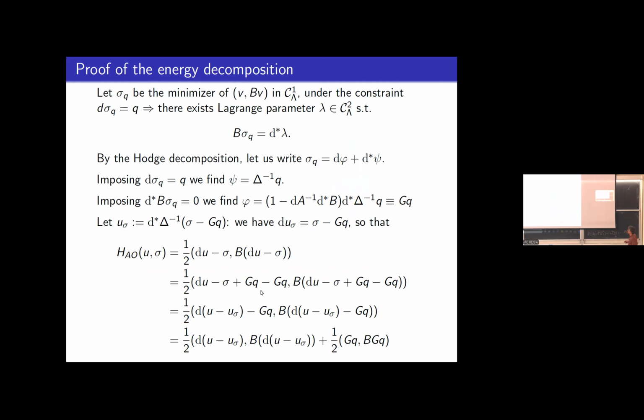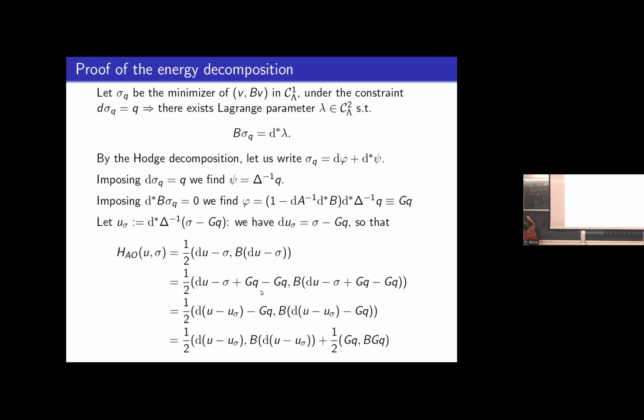Okay, other observation. If U sigma is defined like this, which was also one of the formulas in the proposition, and you apply the differential D to both sides, you get d u sigma is equal to d d star Laplacian minus 1 sigma minus GQ. So this d d star delta minus 1, using the fact, okay, maybe here is another point worth making a small digression about.